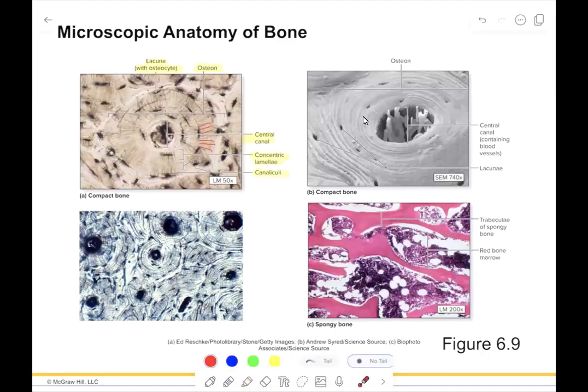And in the image directly beneath it here, we can see multiple osteons. This would be a central canal, another central canal, and so on, of osteons. This is another view of one osteon. And down here is spongy bone, which looks quite a bit different, showing the trabeculae of spongy bone. Again, sometimes referred to as woven bone.